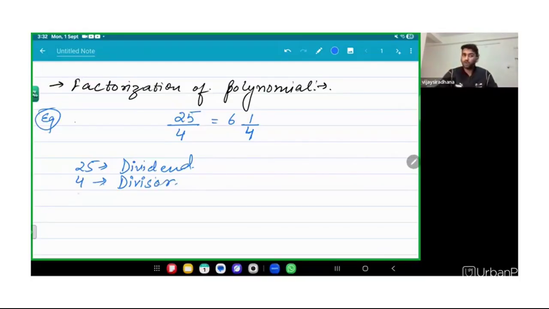Then what about the quotient? The quotient over here is 6, only 6. And the remainder will be 1.